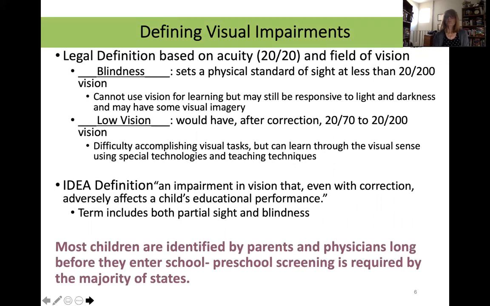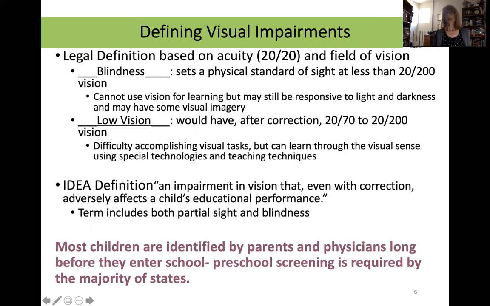When we're defining visual impairment, and again in the piece you just saw, they spoke a bit about the challenges and issues of what it looks like. Blindness is set by a physical standard of vision, and that is less than 20/20 vision.